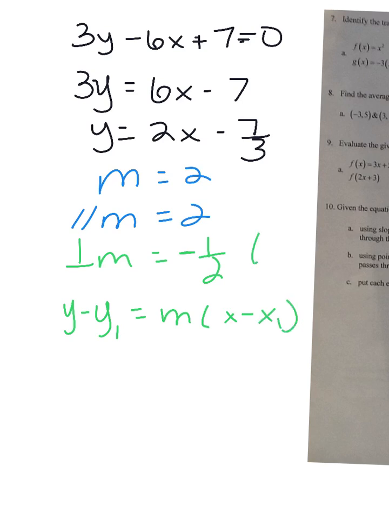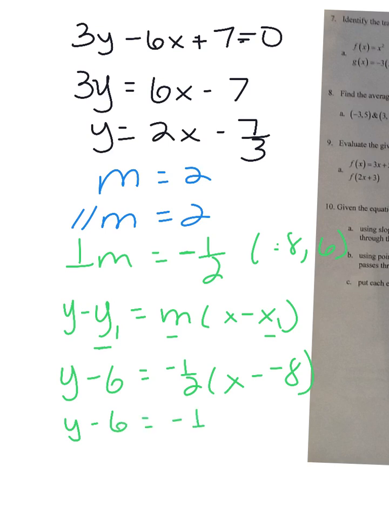It's still going through negative 8, 6. All right, so I plug in my point into y1 and x1 and my slope. So it's y minus 6 equals negative 1/2 times x minus negative 8. Fix the x minus negative 8, that's actually plus 8. So y minus 6 equals negative 1/2 x plus 8, and we'll distribute the half. Y minus 6 equals negative 1/2 x minus 4.